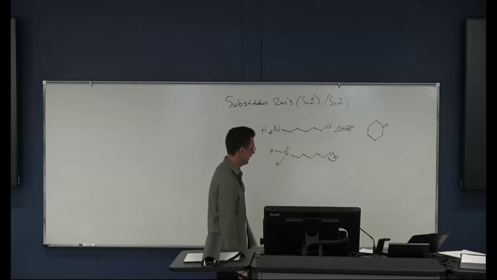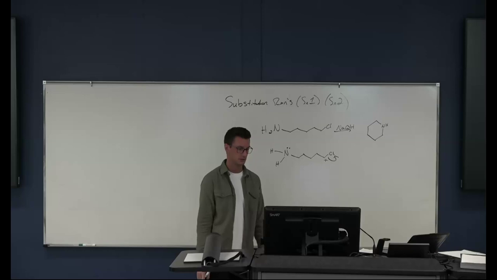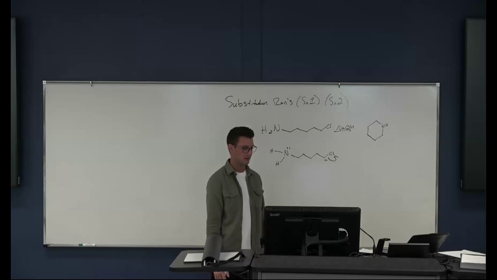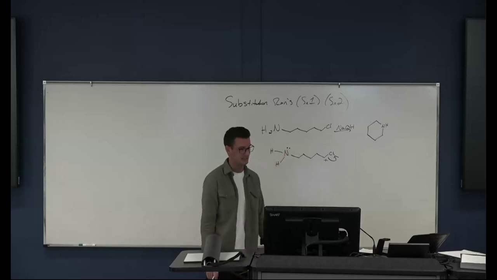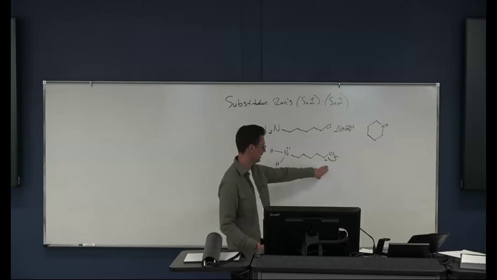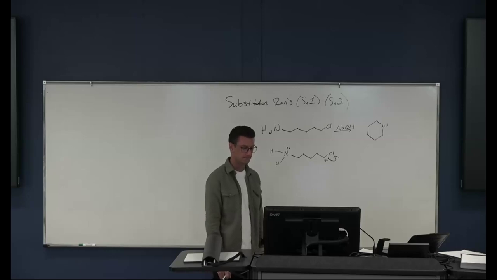That creates a partial positive or a positive charge, a carbocation. And here we have a nitrogen with this lone pair that's going to act as its own nucleophile. So you have a carbocation here, you have a nucleophile here.